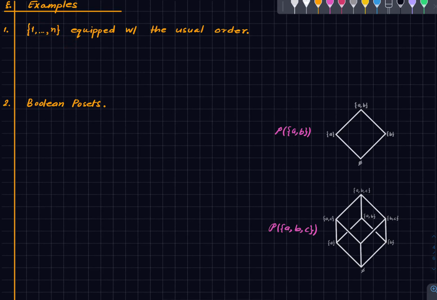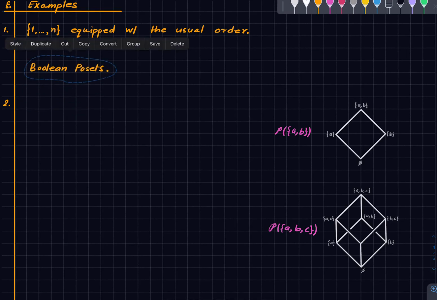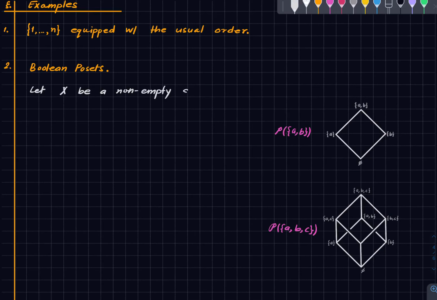All right, so that's just a remark on the language that we use. I don't want to say anything more about this example, but now for the interesting example of Boolean posets. All right, so let X be some non-empty set, and let P be equal to the power set of X.